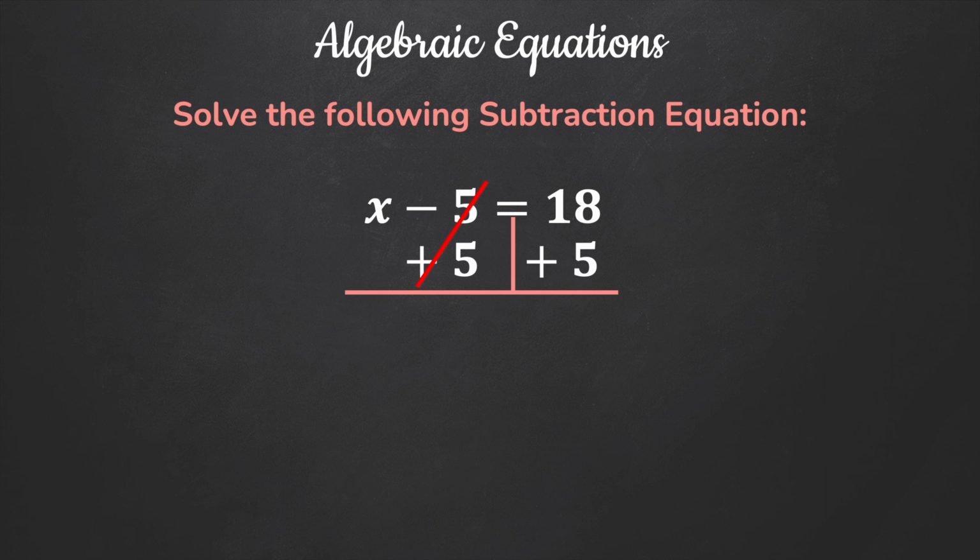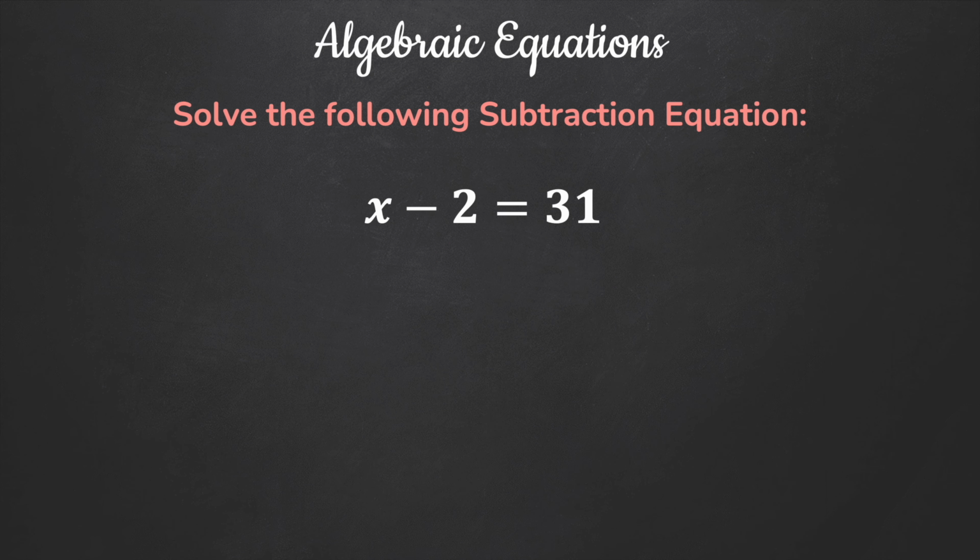And on the left side, all that we have left is our x value. We're going to bring down our equal sign, and then 18 plus 5 is equal to 23. So that means that x is equal to 23. And if we went back to substitute x, 23 minus 5 is in fact equal to 18, making this true.